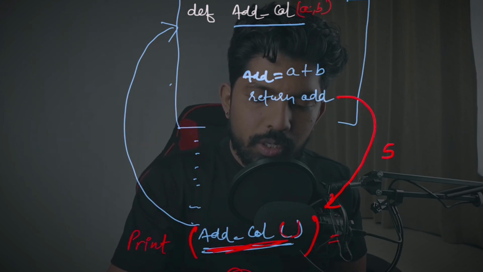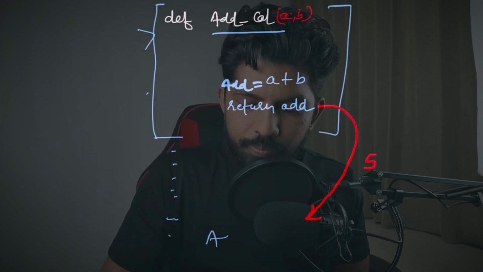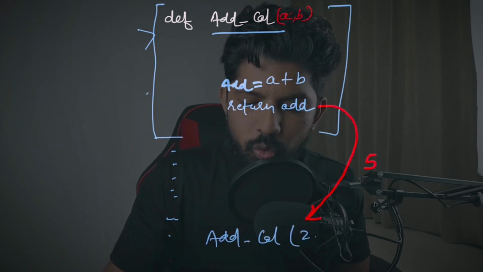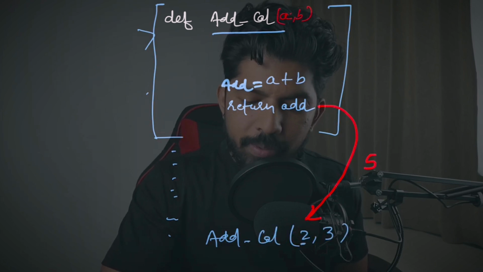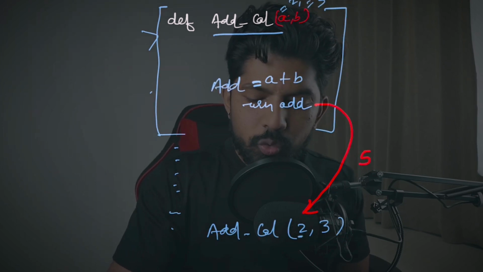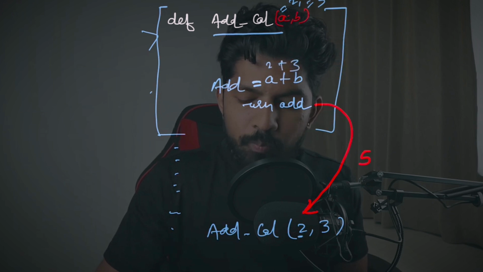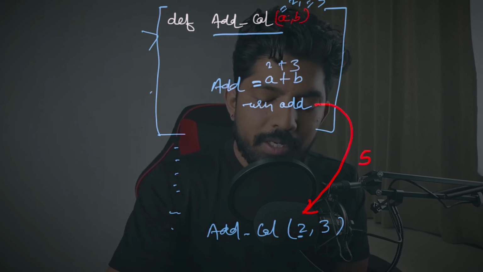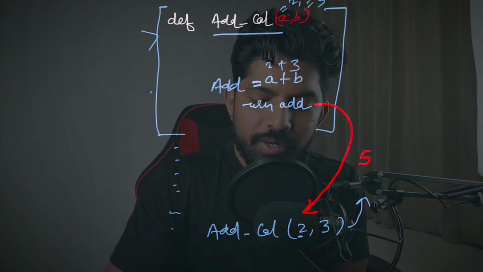While calling the function, the addition and calculator, you have to pass 2 and 3. Correct? So this A will become 2 and this B will become 3. And then it will add 2 plus 3, because here A equals 2, B equals 3. So we have arguments here which become parameters here. Now it will add those and it will return us the 5.